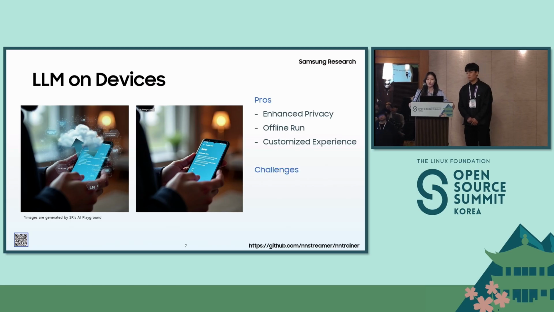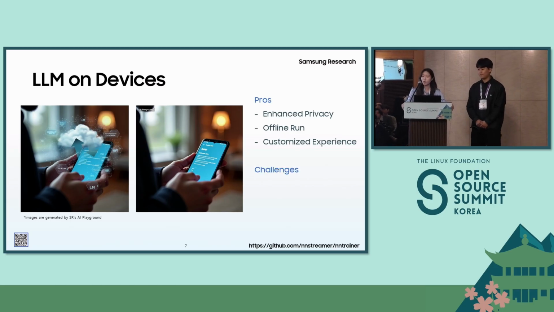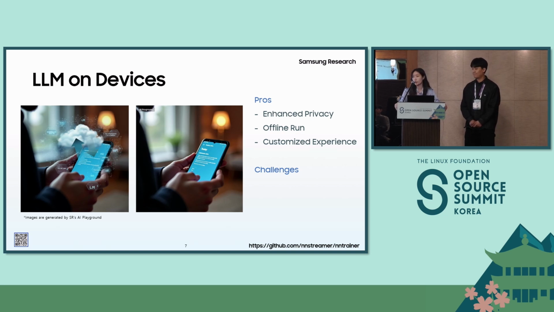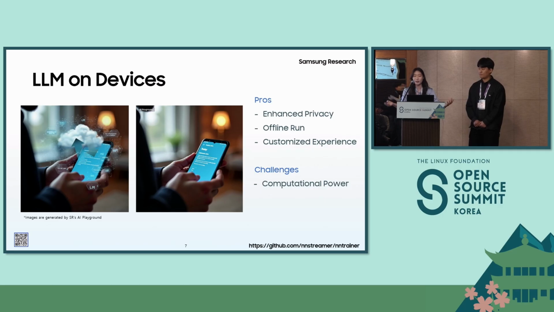While those advantages are clear, running large language models on edge devices definitely comes with significant challenges. These are the three biggest issues we often face. First, limited computation power. Unlike the cloud, devices lack powerful GPUs with abundant memory, so they don't have good processing power.